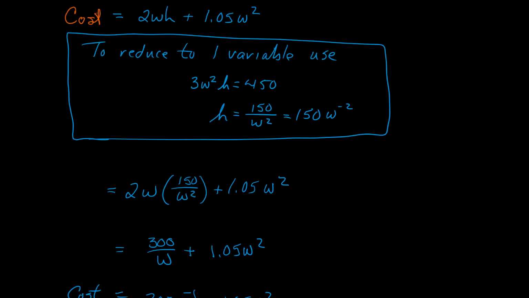In place of H in this top equation, I'm going to put this in because I've got some W's that seem like they'll cancel out. When I substitute in the 150 over W squared, it gives me 2W times 150 over W squared, and sure enough, a W does cancel. That's going to give me 300 over W, because I have 2 times 150 over W, plus this 1.5 W squared.